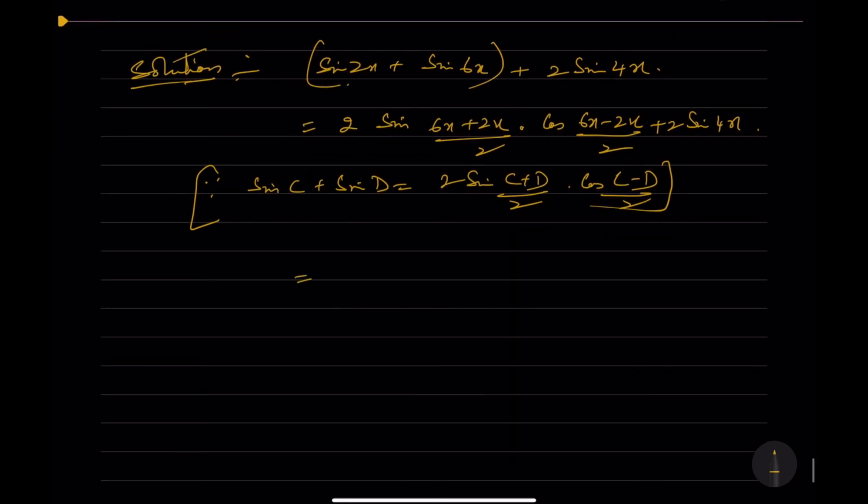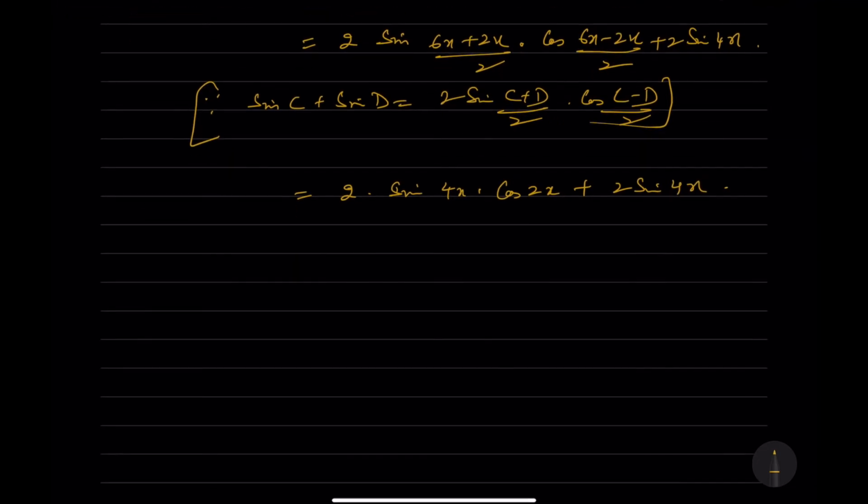So now what is this equal to? We can write 2 sin(8x by 2) into cos(4x by 2) plus 2 sin 4x. And 8x by 2 is nothing but 4x, so 2 into sin 4x, and 4x by 2 is 2x, so into cos 2x plus 2 sin 4x.